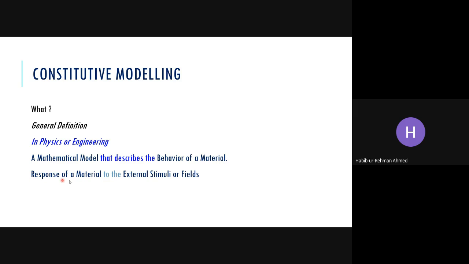Now, there are two aspects of this definition. One is the response of a material to external stimuli or fields. First of all, what is an external stimulus or field? What we usually have as an external stimulus, as far as we civil engineers know, are two possibilities.